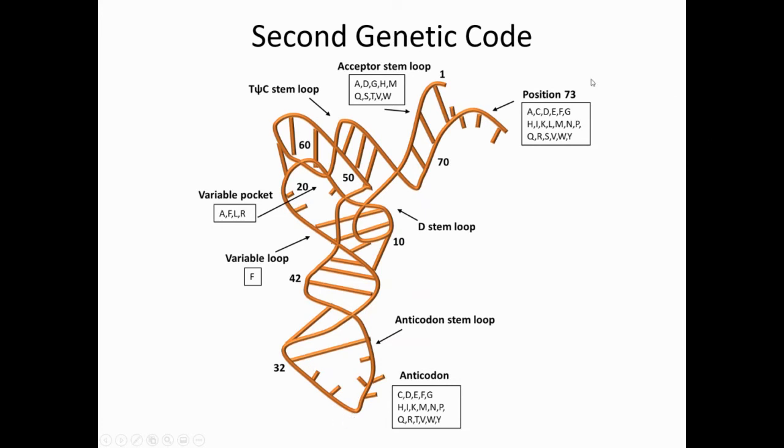So they know what amino acid they should bring to the specific tRNA. And that's called the second genetic code.